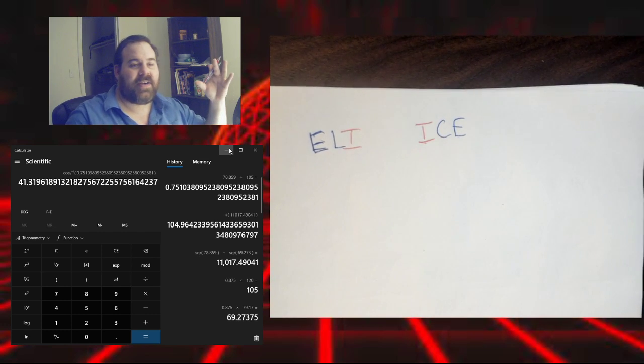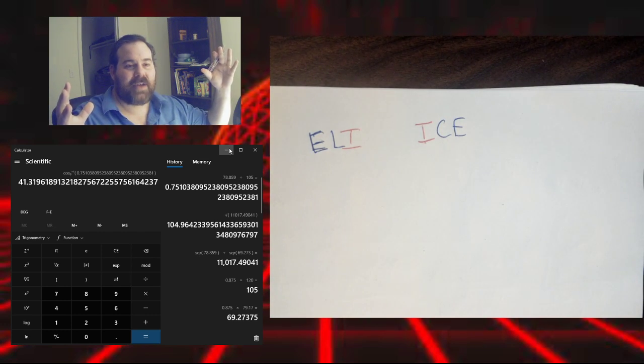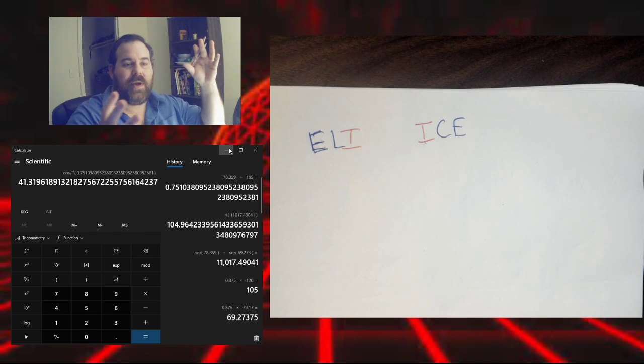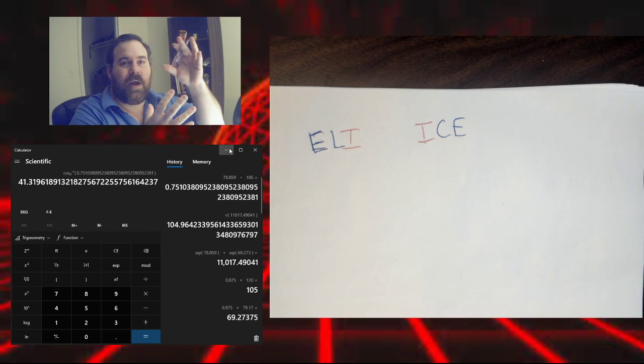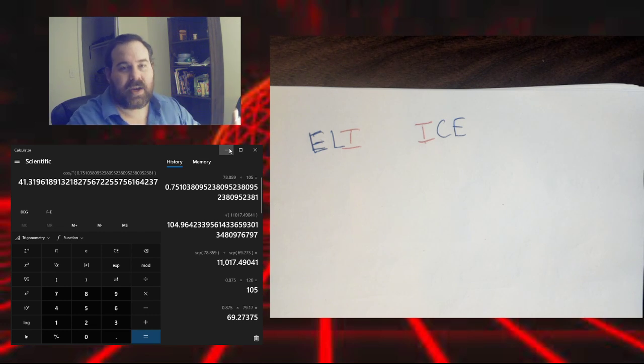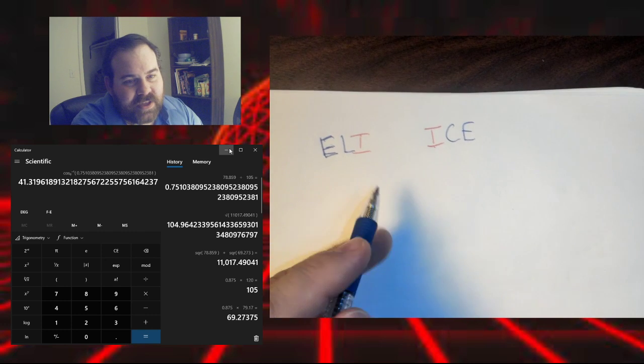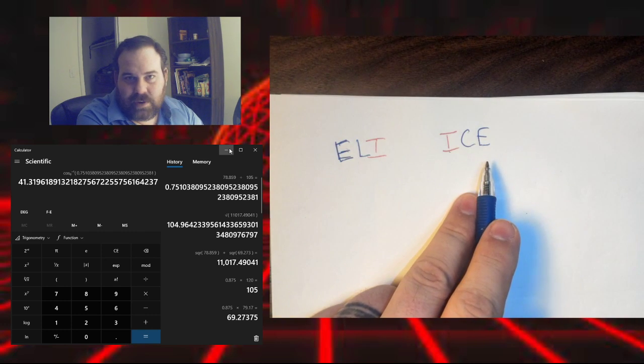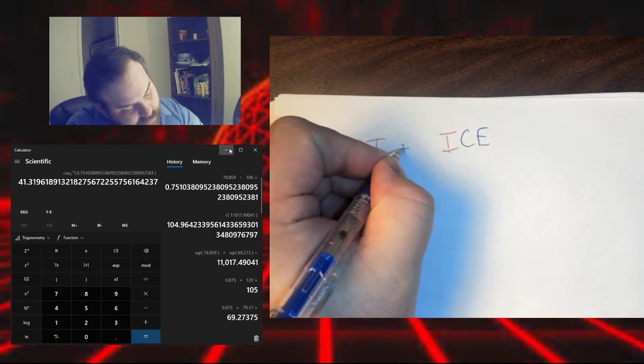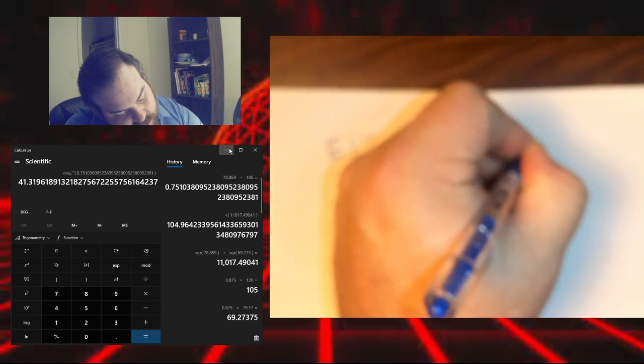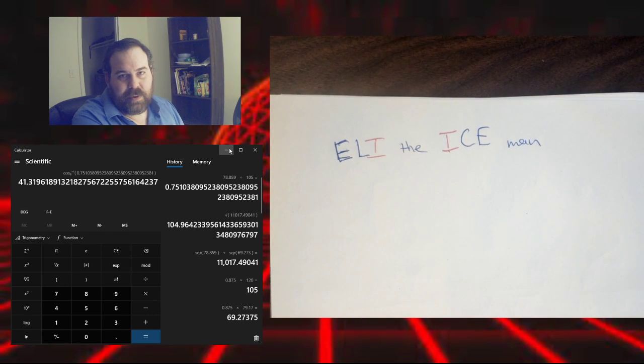So when you have an inductor and a capacitor in the same circuit, it will bring those two sine waves closer together. And that's how you correct it. We call this the ICE man theory, just because it's easy to remember.